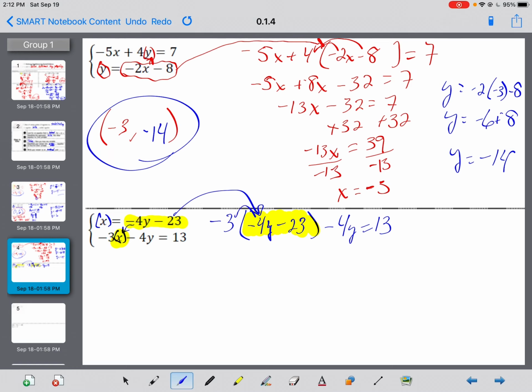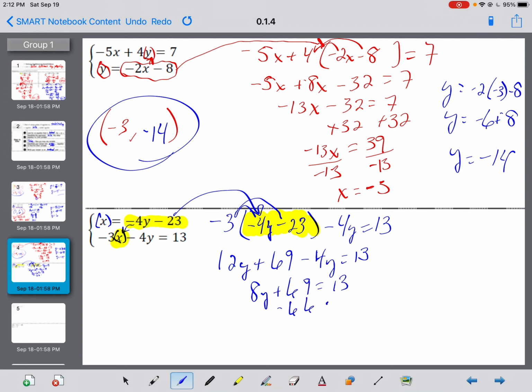So then I distribute. -3 times -4 is 12y, positive. -3 times -23 is going to be positive. Let's see, 3 times 20 is 60, and 3 times 3 is 9. 69 minus 4y equals 13. 12y minus 4y is 8y plus 69 equals 13.